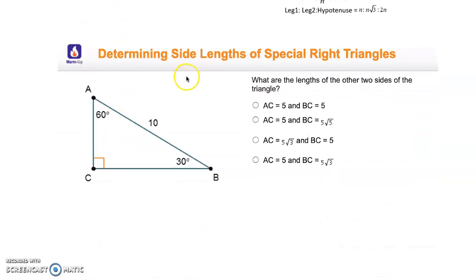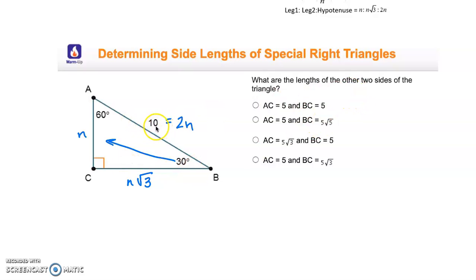So if we're going to determine side lengths of special right triangles, this is a 30-60-90 triangle. What we know is our hypotenuse is 10, so I could say that's 2n. Our shorter leg, the one opposite the 30-degree angle, is n, and this would be n radical 3. So what are the other two lengths?